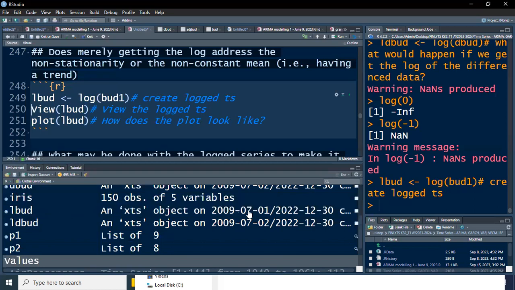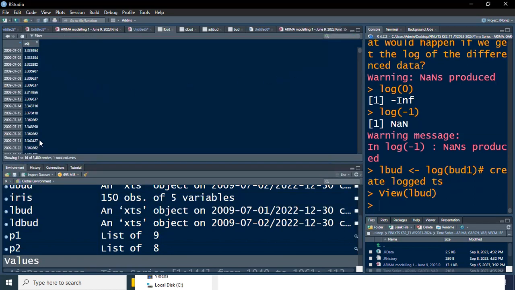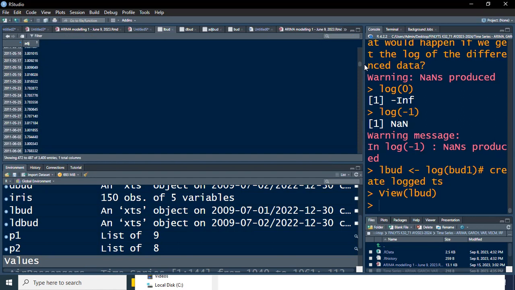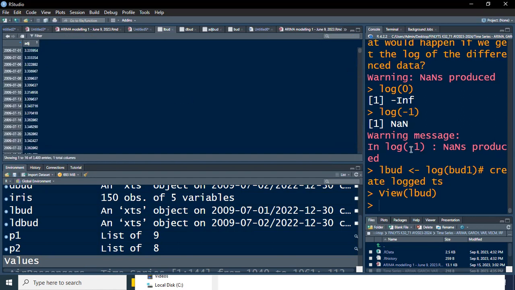Okay, so log class here. What do you notice about the value of the log class? The value of the log. What do you notice?